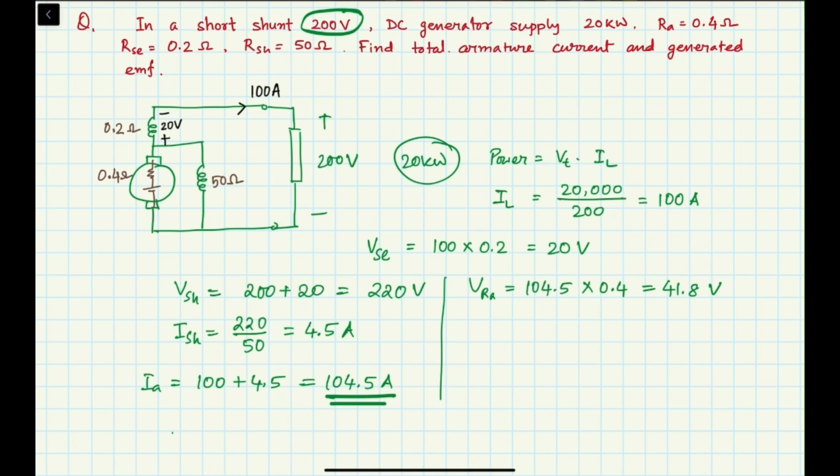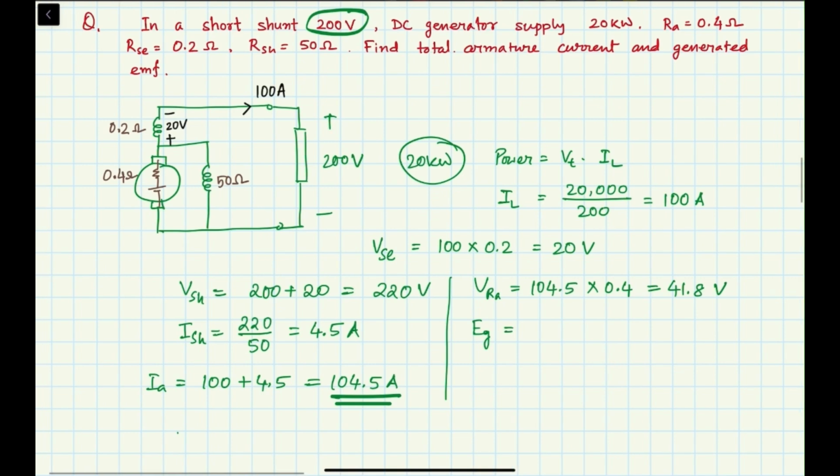Now to find the EG, the generated EMF, that will be the sum of this 220 volt and the voltage drop 41.8, so that will be 261.8 volt. Fine. I hope this is clear now.